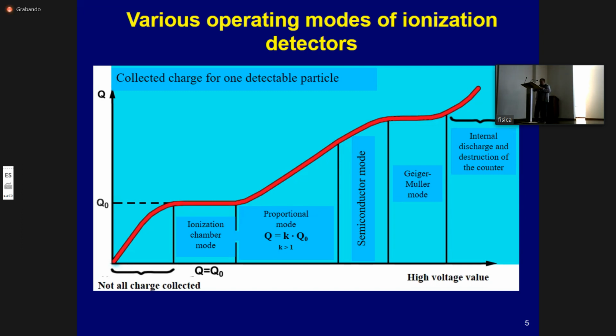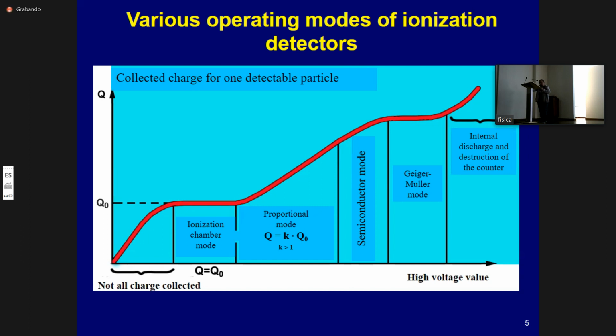Let's assume that the particle produces a certain amount of ionizations in the detector, corresponding to the initial electric charge Q0 in coulombs. Depending on the mode of operation, the charge can be partially or completely collected and can even be amplified.